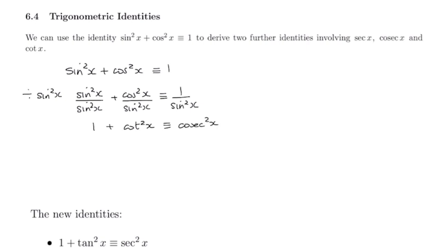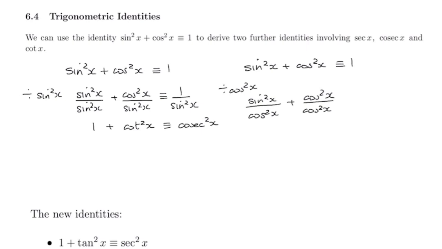Another one, again, if we start with sine squared x plus cos squared x is identical to 1, and this time we divide both sides by cos squared x, we get sine squared x over cos squared x plus cos squared x over cos squared x is identical to 1 over cos squared x.